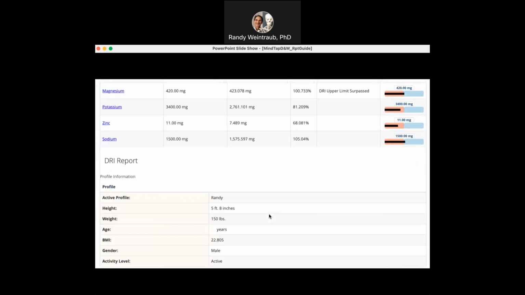And in this big 3-day report, it also includes a DRI report at the end, and you can see that on the bottom of the screen here. The DRI report comes from the initial profile information that you put in when you started this diet and wellness activity back in chapters 1 and 2.